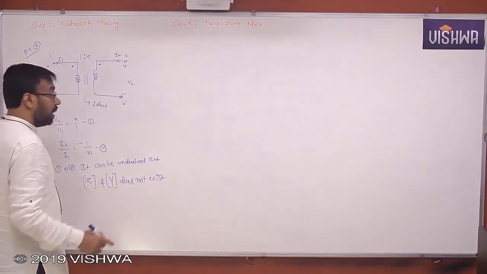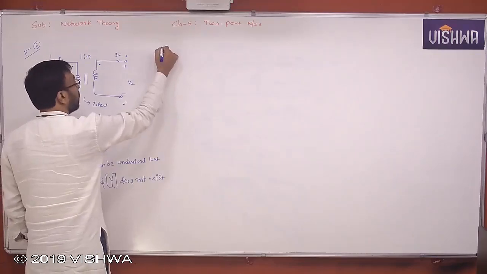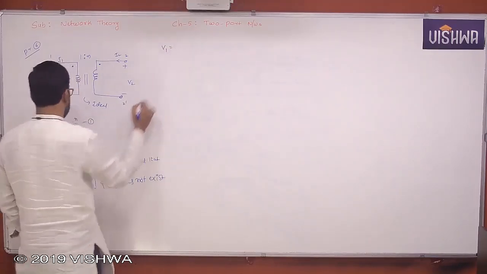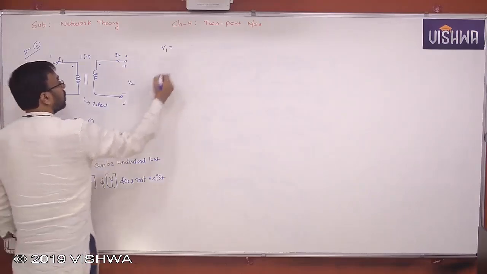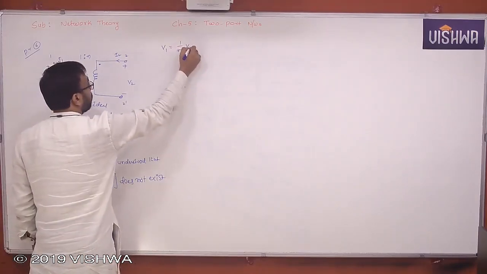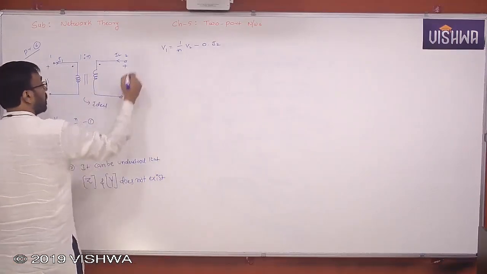But you can find the remaining parameters, because in ABCD parameters, from 1 you can write V1 is equal to 1 by N V2 minus 0 times I2.